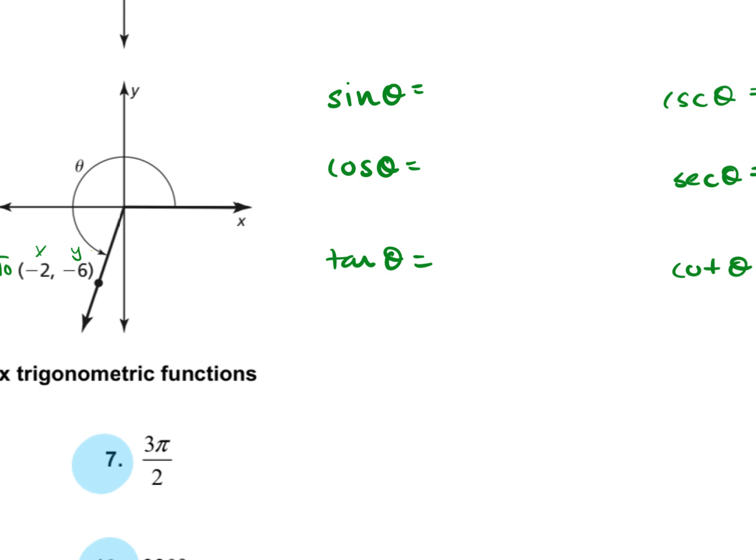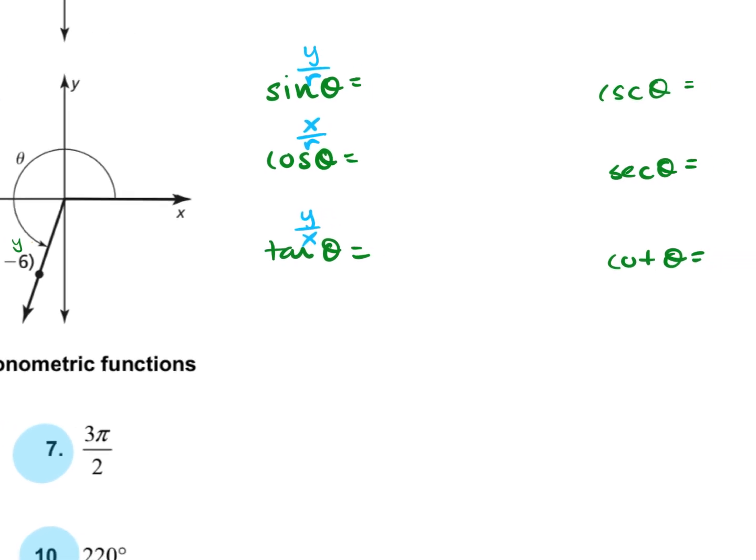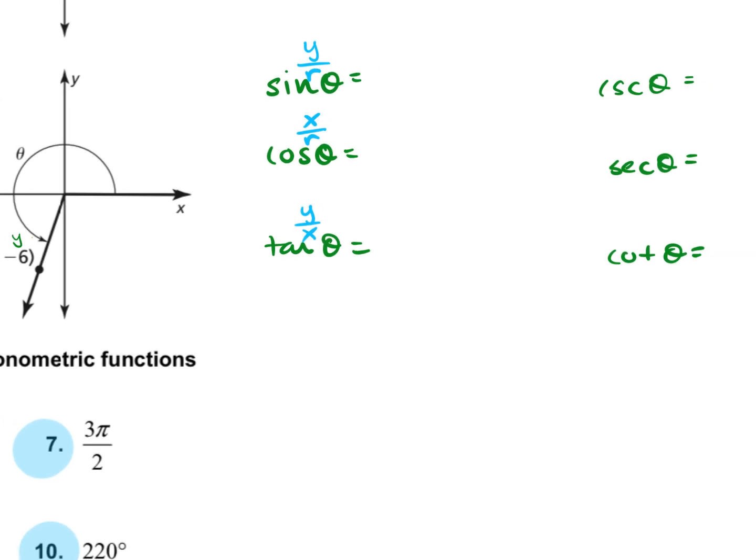It gives it to us in x, y, and r. So we have to know what sine is in terms of x, y, and r. Sine is what? Y over r, perfect. Cosine is what? X over r. And tangent? Y over x. And then we have our reciprocal functions, which are just going to be the flips of our answers.